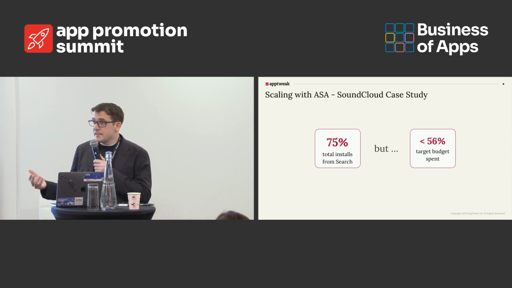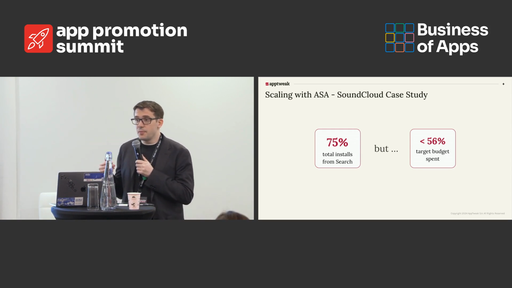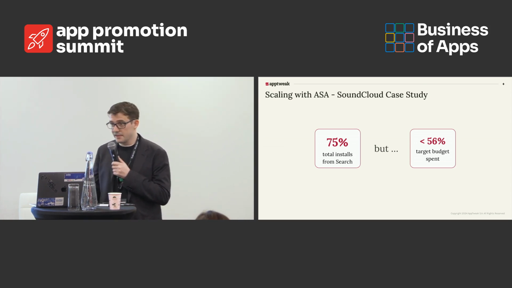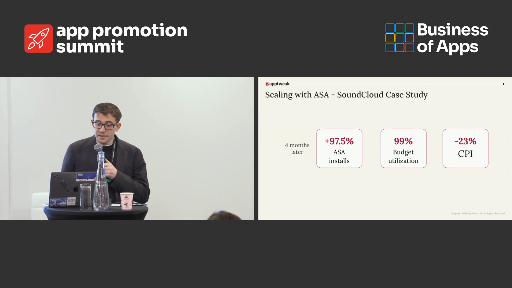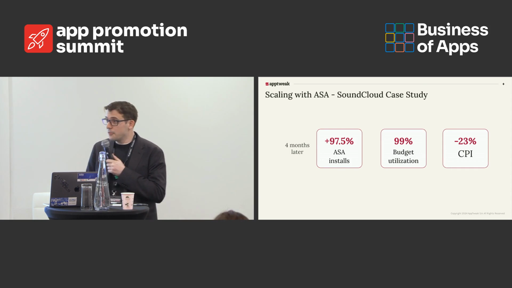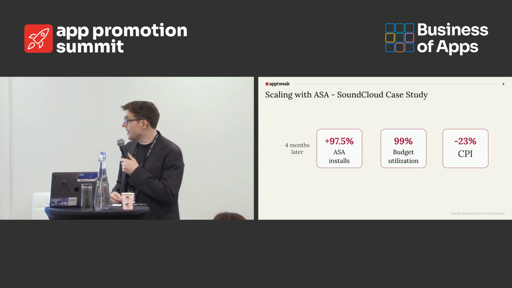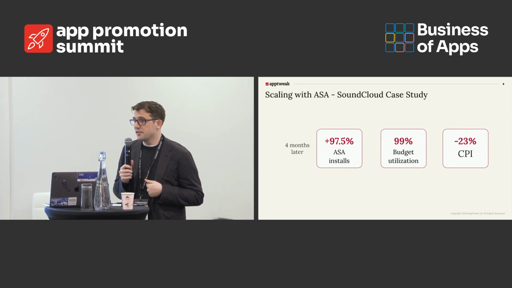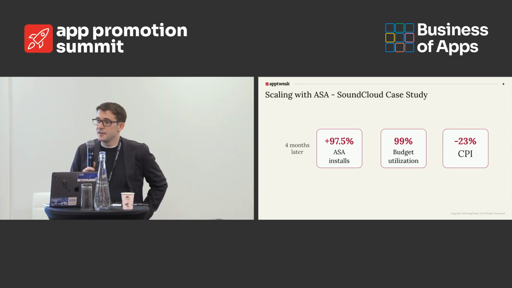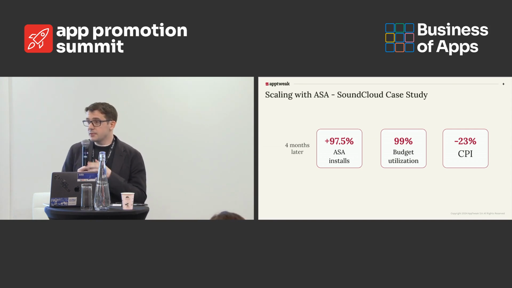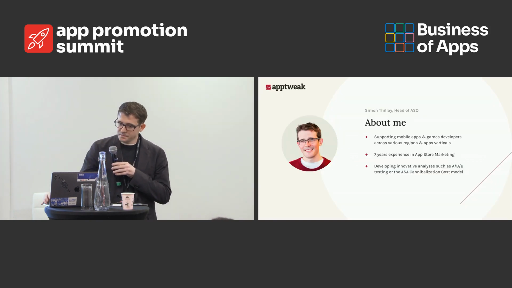And yet, they were not able to spend all the budget with their particular requirements in terms of cost per install and ROAS. So they turned to us, and the tips we're going to share hopefully can be considered to be tested, since in 4 months they helped us double the amount of installs SoundCloud got from Apple Search Ads. We went back to using the entire budget, and we decreased cost per install in the process.